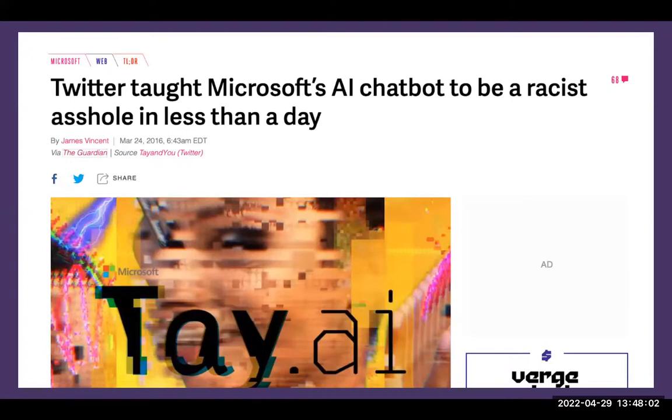Very early on when Microsoft announced this, it was picked up by the part of the internet known as 4chan. And so Tay was flooded with problematic content, and what you saw over time was the tweets become increasingly racist and xenophobic and incredibly sexualized.